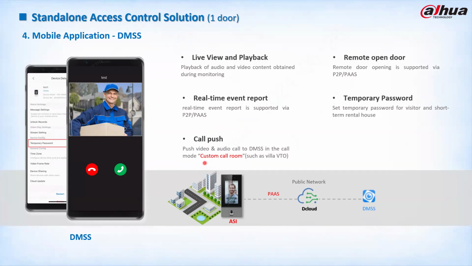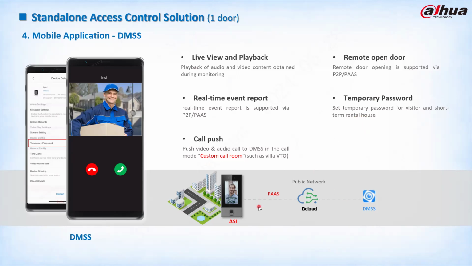Then we have call push notifications through the customer room call, such as the VTO. At the same time, you have remote door opening through the DMSS application. You can also set temporary passwords for your visitors and short-term rental houses. Once the password expires, you have to renew the password for that user.